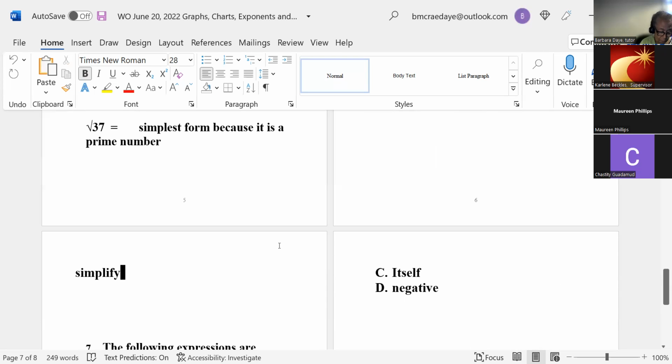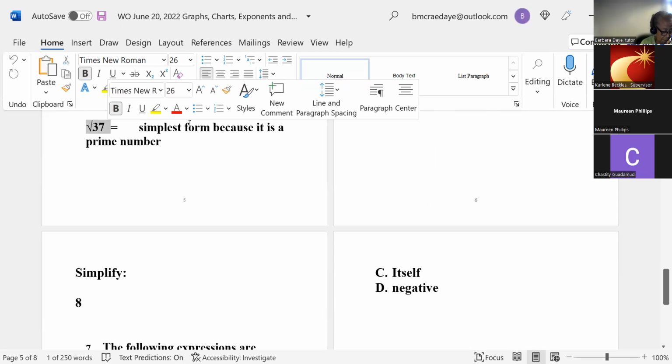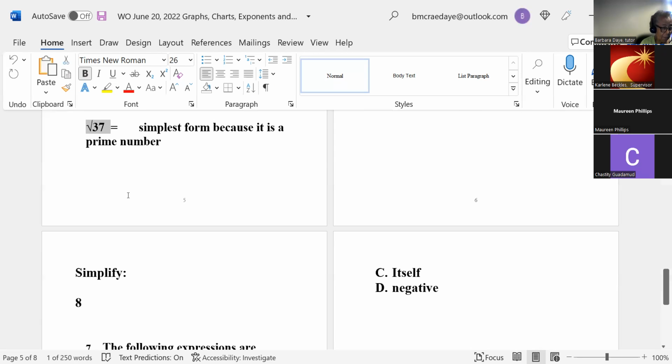Let me give you this one: 8 with a square root here. So 8 times the square root of 36.